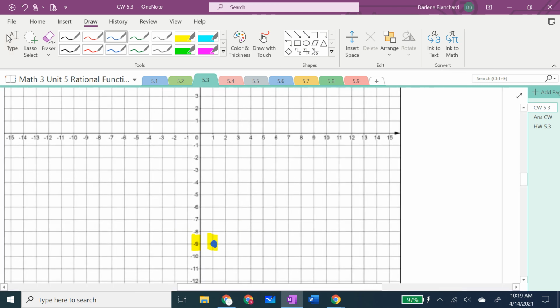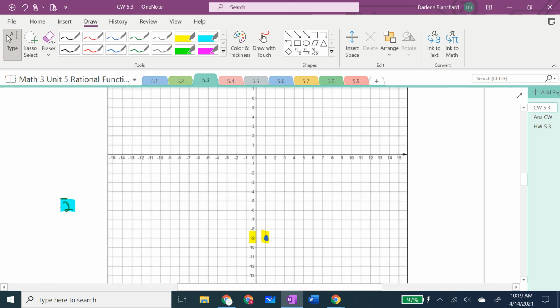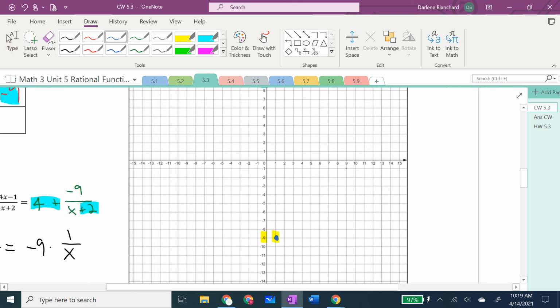So this point that is 1, -9 has a partner point over here. Do you see what I mean by the symmetry? Because inside these 2 asymptotes, you have one graph, and that one graph is actually symmetric inside of those 2.